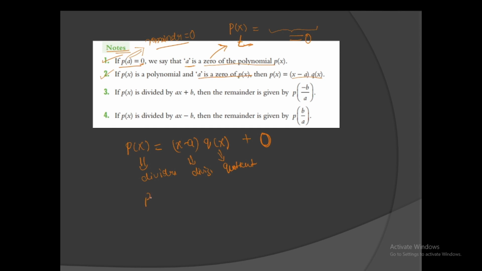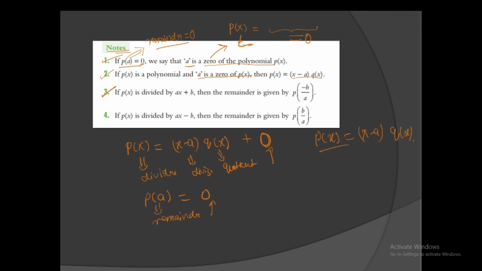So if we put p of a, p of a is what? This is the remainder, right? Our remainder is 0. So basically we can write our polynomial p of x as x minus a into q of x. I will take an example for clarity of this on the next page.